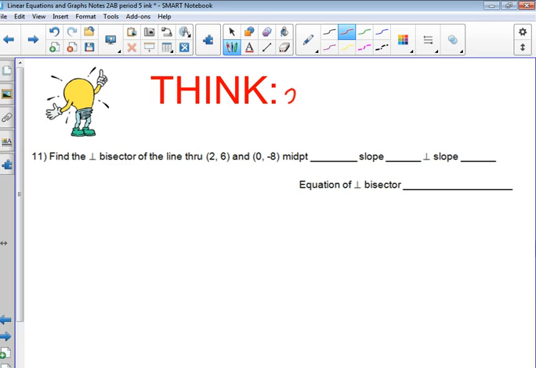Yep. So we need 2 plus 0 divided by 2. Those are the x values, and the y values are 6 plus negative 8. What do we get? 1, and negative 2 divided by 2 would be negative 1. So far, so good? What else do we have to do?